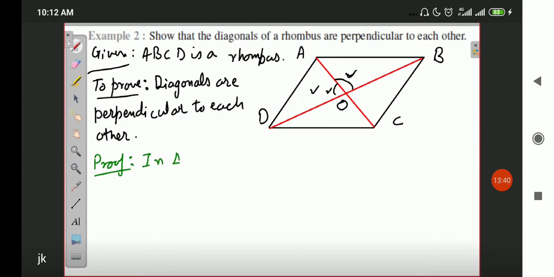In triangle AOD and triangle AOB, we are going to take these two triangles only. In these two triangles, first of all, length AD and length AB are equal. This side and this side are equal. Why? Because all sides of a rhombus are equal.